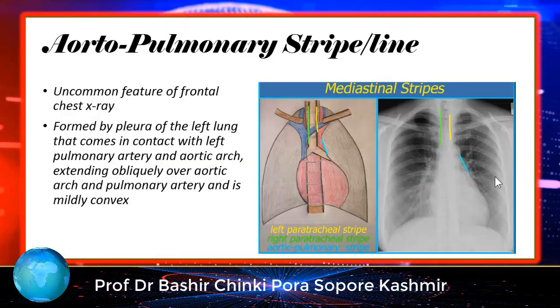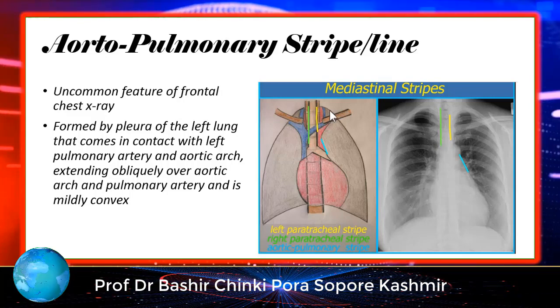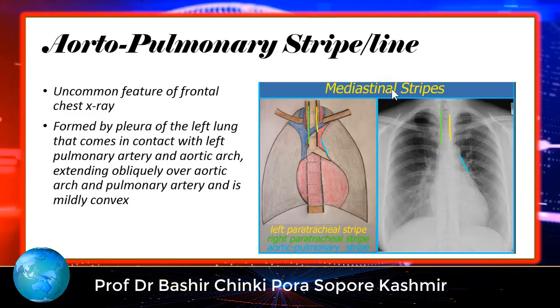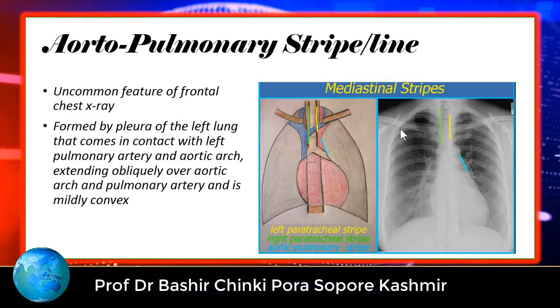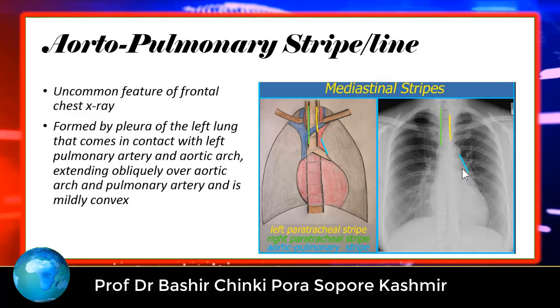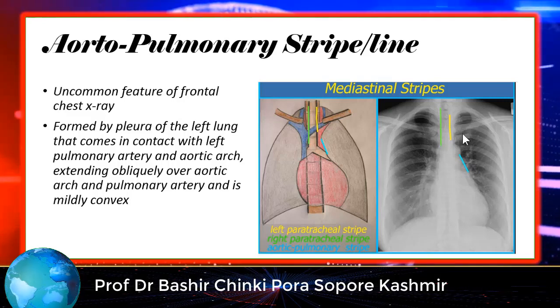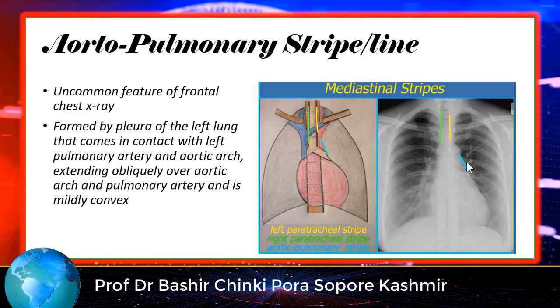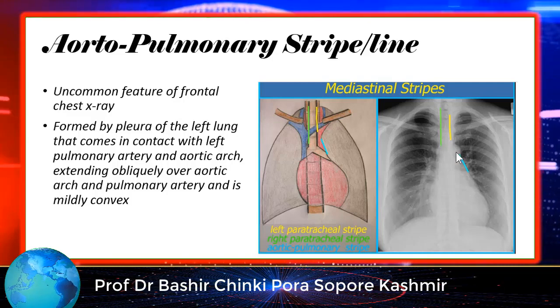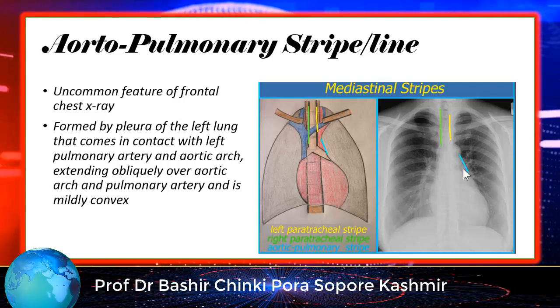Now let me come to the aortopulmonary strip or line. This is actually an uncommon feature of the frontal chest X-ray, and this demarcation or line or strip is formed by the left lung when the left lung comes in close contact with the aortic arch and pulmonary artery.